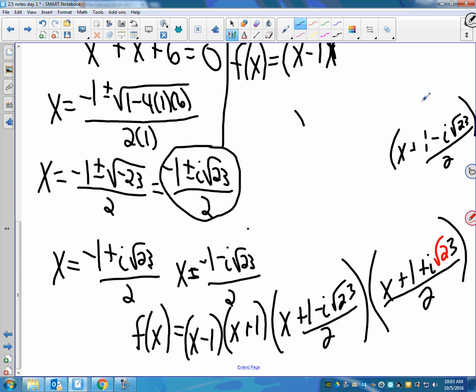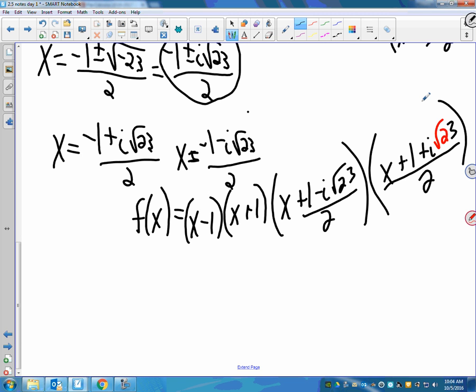So when you look in the back of the book to check your odd answers, or if you're doing the online homework for extra credit, they're going to simplify this a little bit. They're going to say this fraction's really gross, right? So what if I multiplied this by 2? Would that get rid of this fraction?